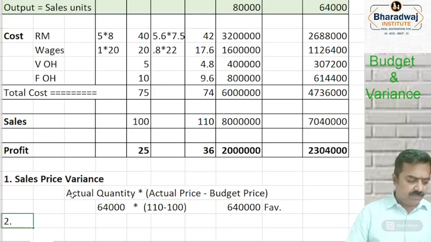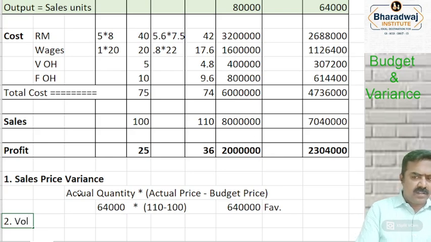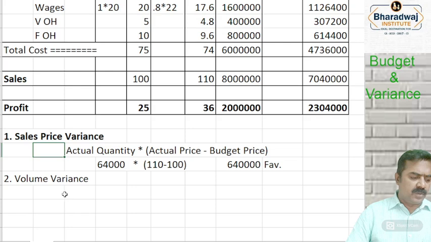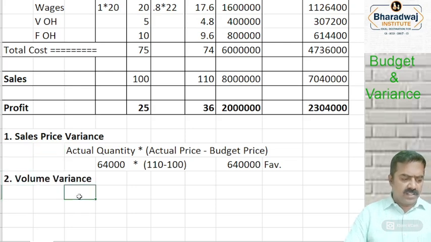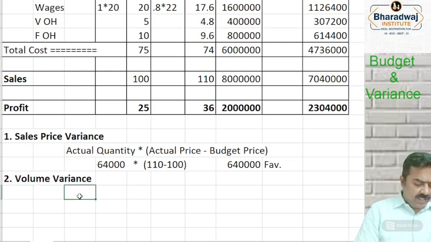Second, they ask you to work out the volume variance. Volume variance arises because of the quantity. Take the actual quantity minus budgeted quantity, into standard price, the budgeted price.